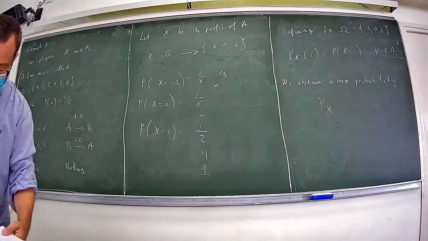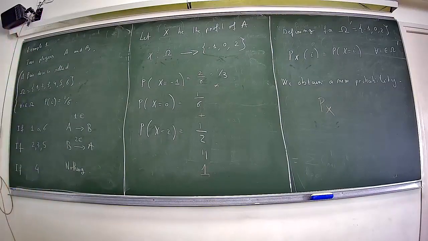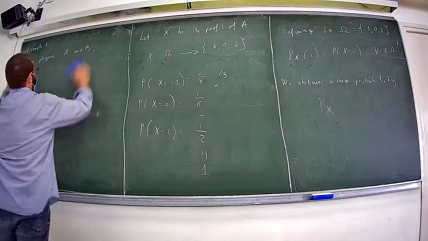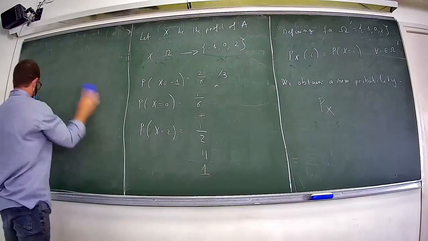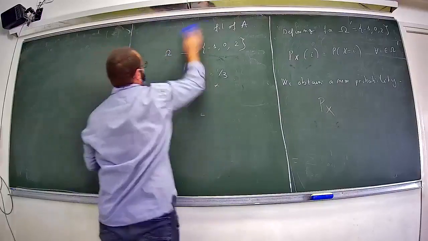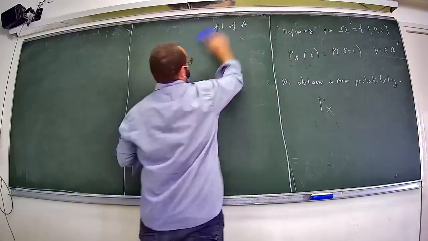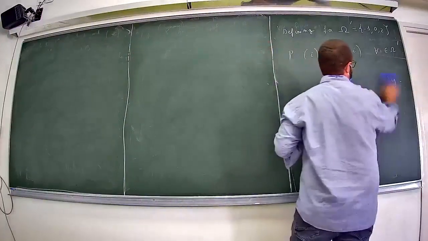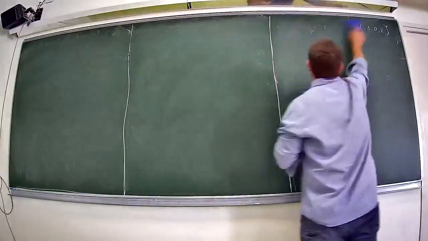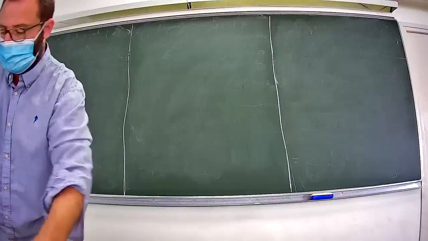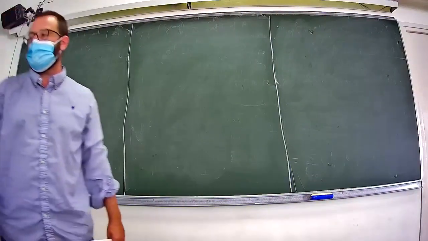Another example. So now I consider, my first example was with the dice, this one would be with the coin.